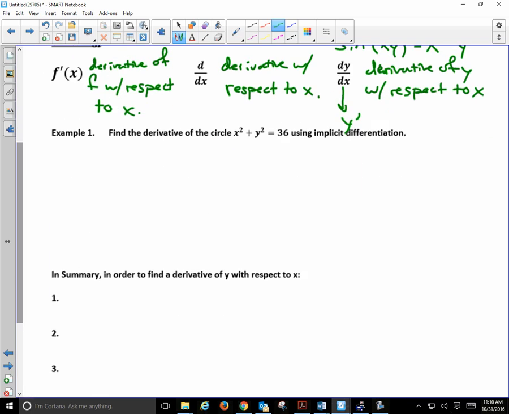It says, find the derivative of the circle x squared plus y squared is equal to 36 using implicit differentiation. So if we take the derivative with respect to x of x squared plus y squared is equal to 36, I'm going to take the derivative of each part.